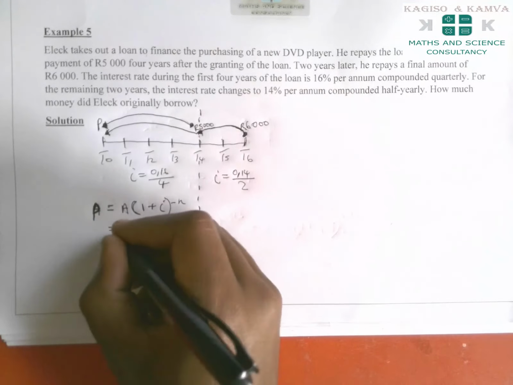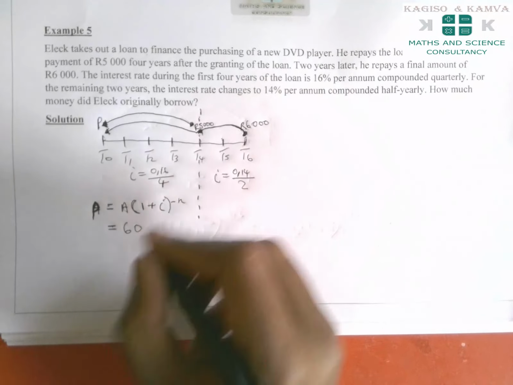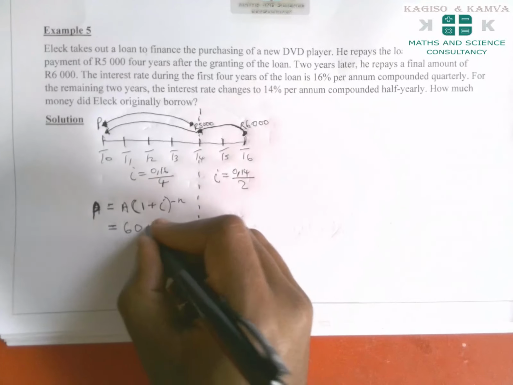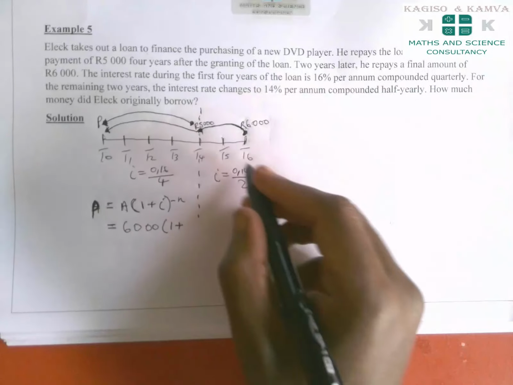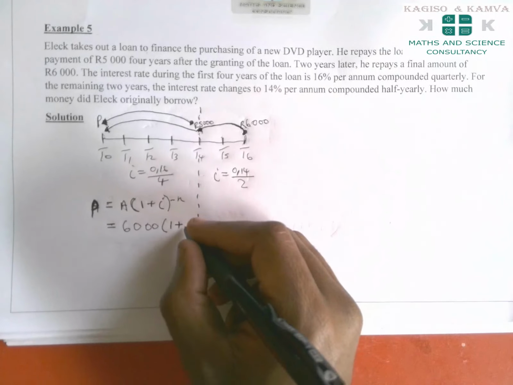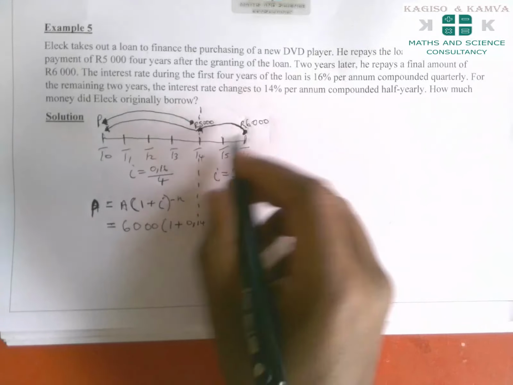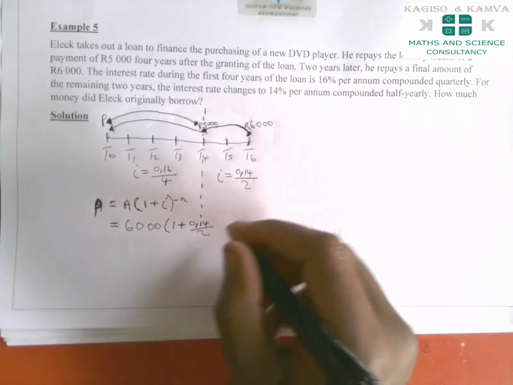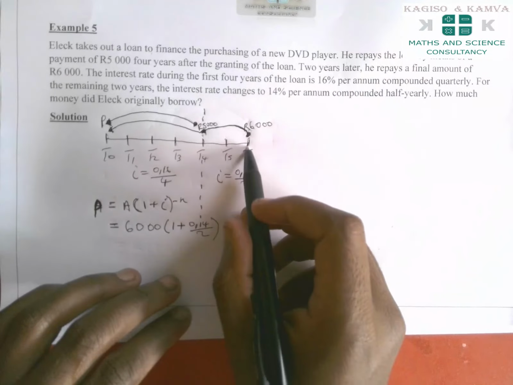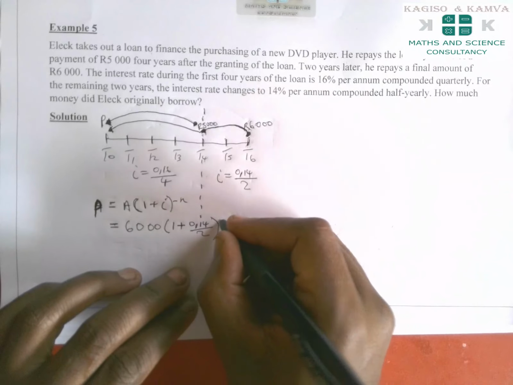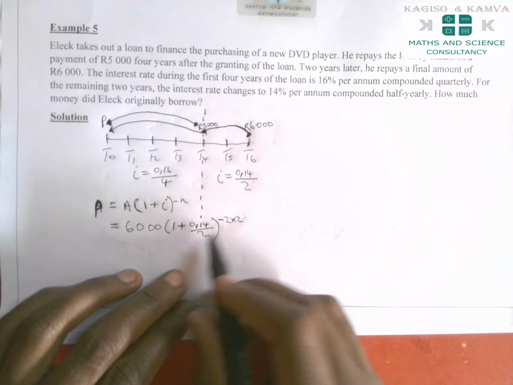So this is going to be 6,000 into 1 plus 0.14 divided by 2, for 2 years, so it's going to be negative 2 times 2, because it is half yearly.